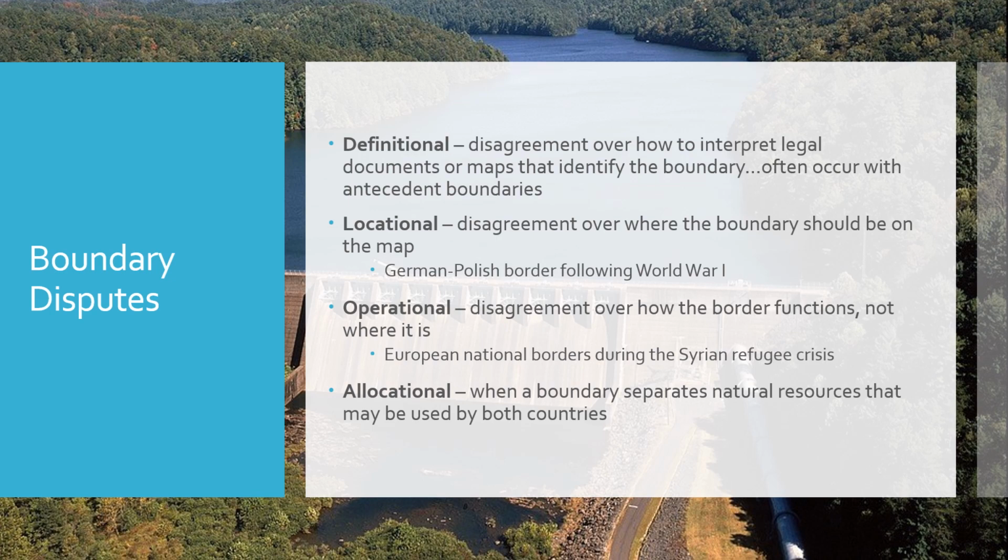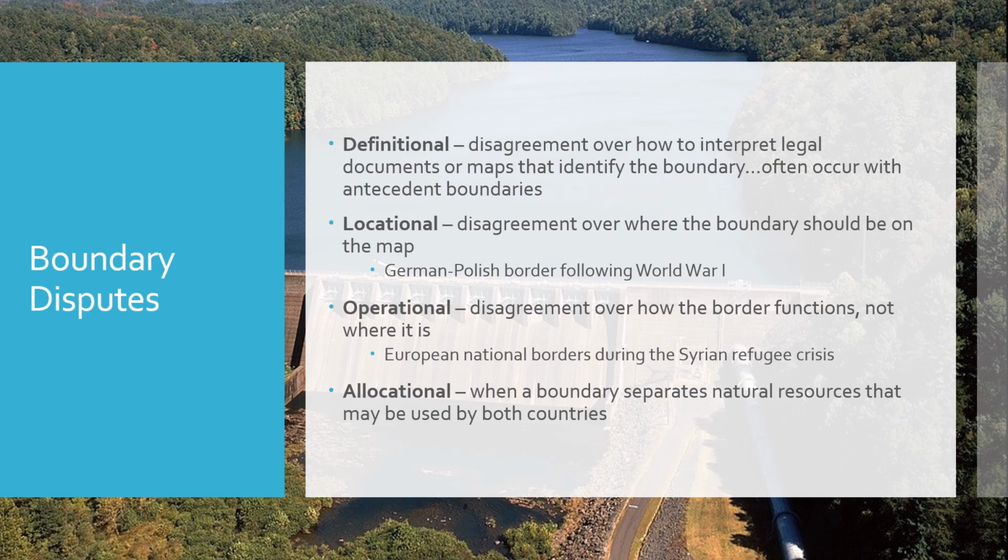All right, so we look now at boundary disputes. So we've looked at the types of borders. We looked at the process of how to create the boundaries. Now just when people fight over them. A definitional boundary dispute is when a country disagrees on how to interpret a legal document, it can occur with antecedent boundaries.